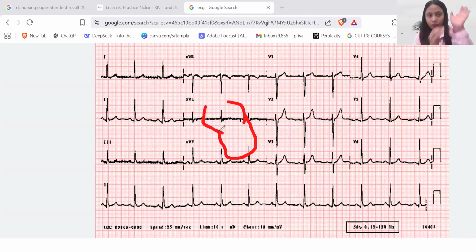How many leads do we put? One lead over here, second lead over here, third on the leg, fourth on the right leg. So this is the limb leads. Then you have chest leads. Chest leads are 1, 2, 3, 4, 5, 6. So 6 leads on the chest and 4 leads on your hands and your feet.